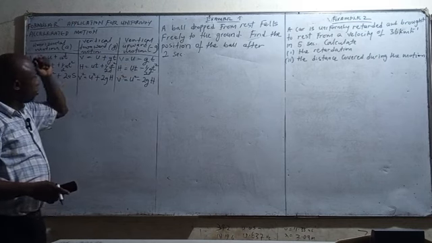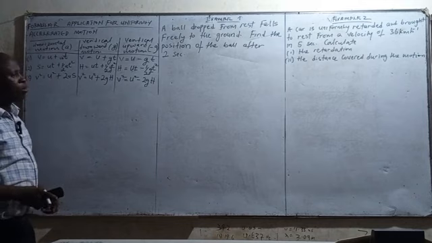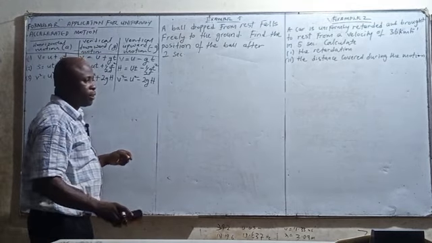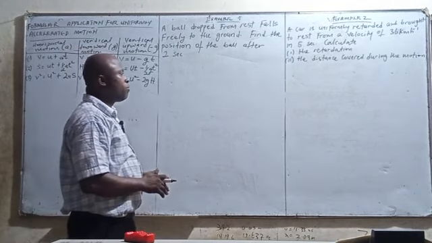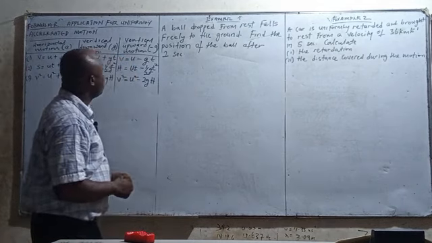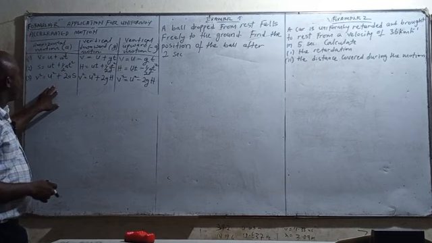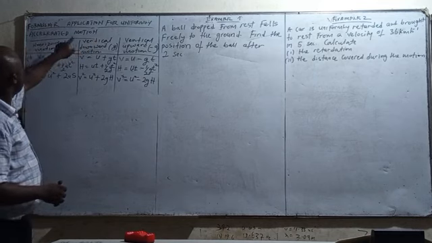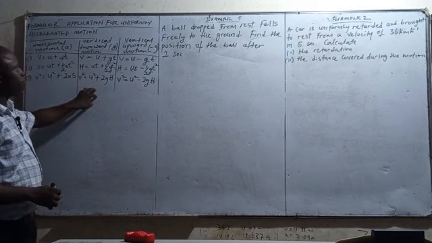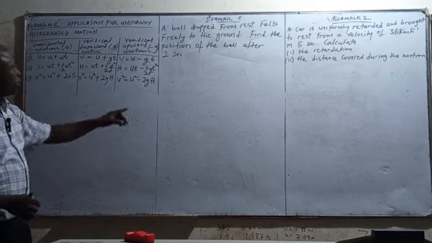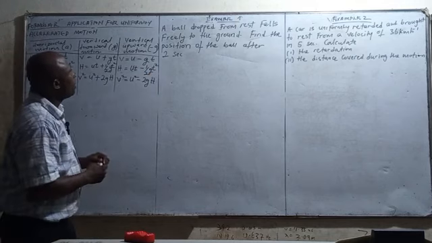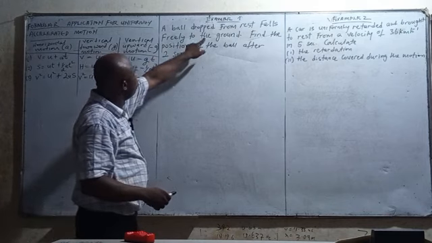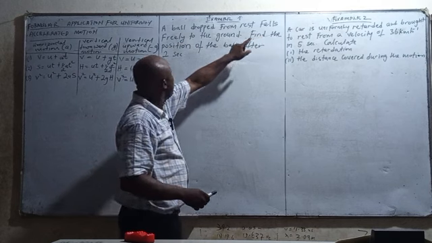Now we are going to take an example. Here there's already an example on the board for us to interpret with these equations. That's why we said formula application for uniformly accelerated motion. First of all, we have grouped the equations, so let's see them applied here. Now this is example one. We are told that a ball dropped from rest falls.